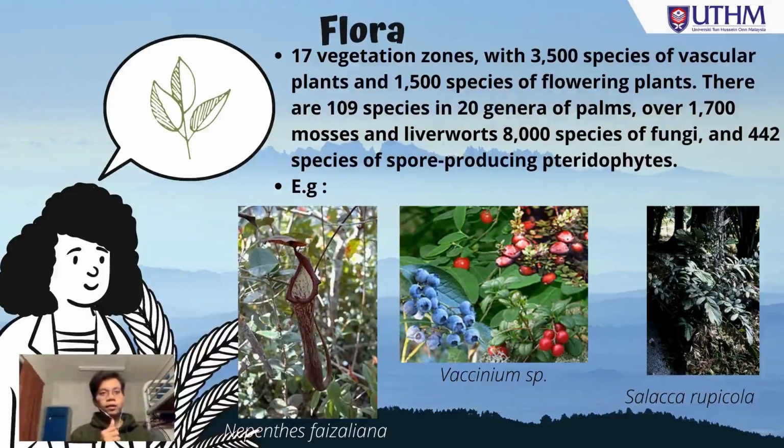There are 109 species in 20 genera of palms, over 1,700 mosses and liverworts, 800 species of fungi, and 442 species of spore-producing pteridophytes and epiphytes. These are examples that can be found in the Gunung Mulu ecosystem.